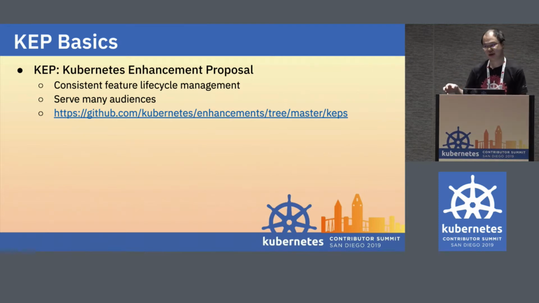It's not only a design proposal, but also has additional metadata added to the KEP, so that it serves different personas like the release team, developer contributors, as well as external users. It makes sure everyone is on the same page about what the feature is and what the roadmap is. And here's a link that stores all the KEPs as well as a default template for you to start with.